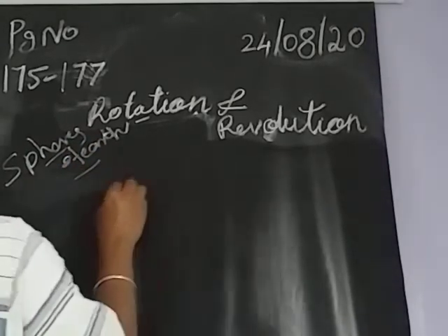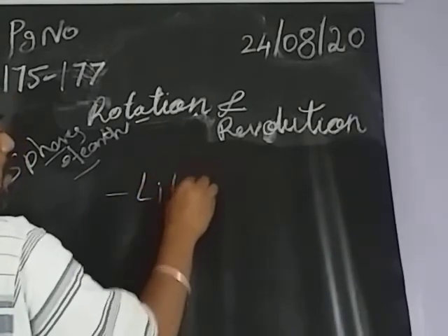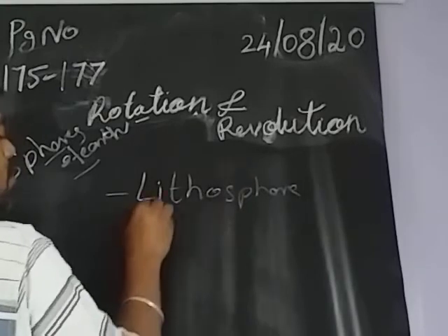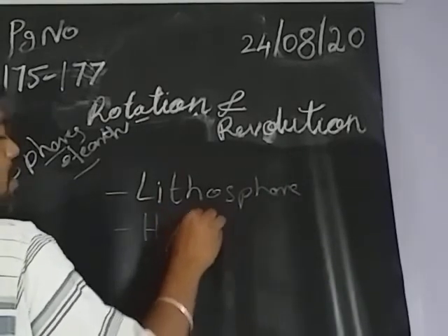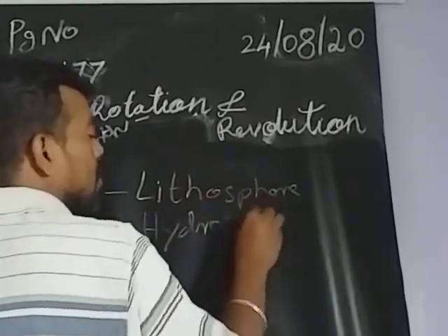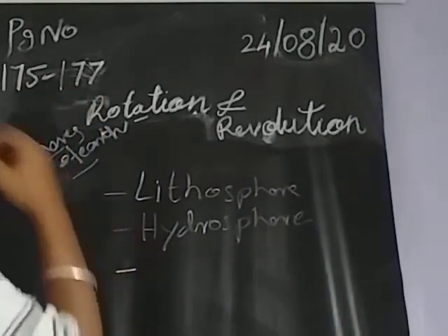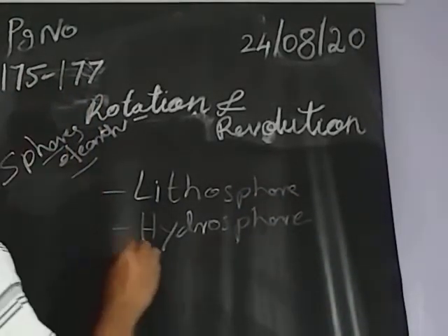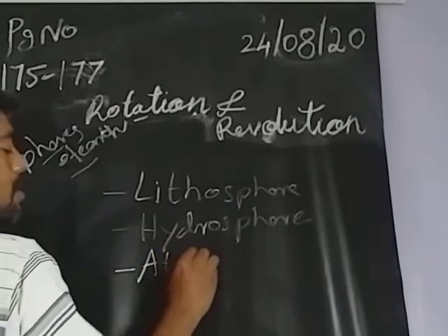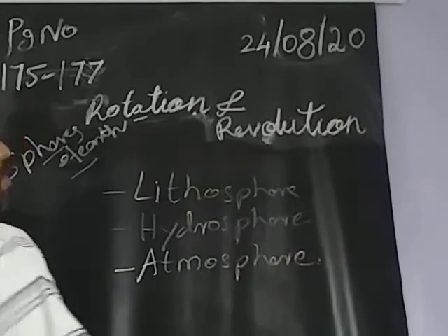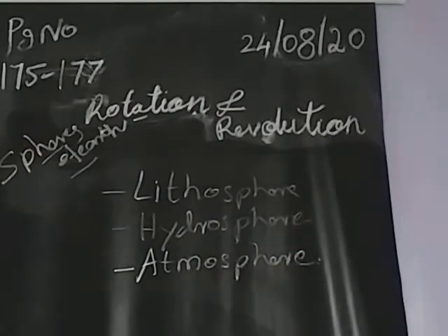What are the spheres of the earth? First we can write lithosphere, next hydrosphere, next atmosphere.